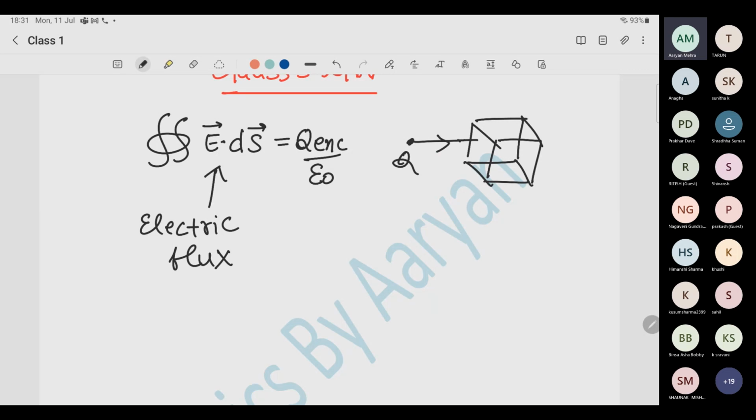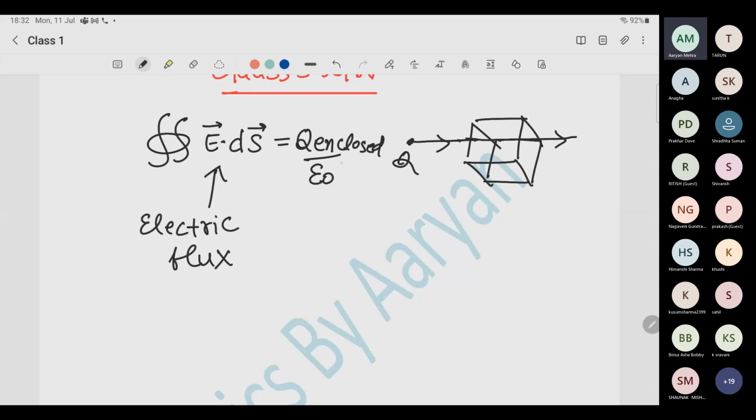They will enter from one side and leave from the other side. So net electric flux coming in is equal to net electric flux going out. So no net electric flux is coming out of or going into the box. This picture makes it very clear that the net electric flux coming out of or going into a closed surface depends only upon the charge that is inside. That is why we write Q enclosed. What is enclosed?